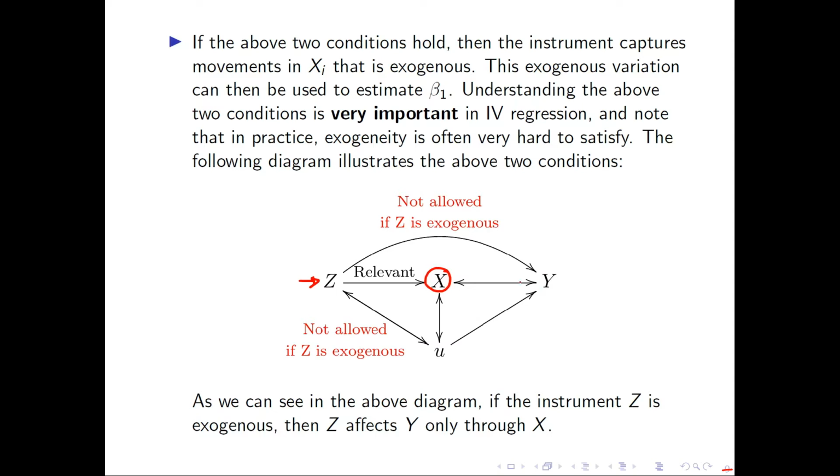So in this case, you have to find a variable which is correlated with x and not with the y or the u.